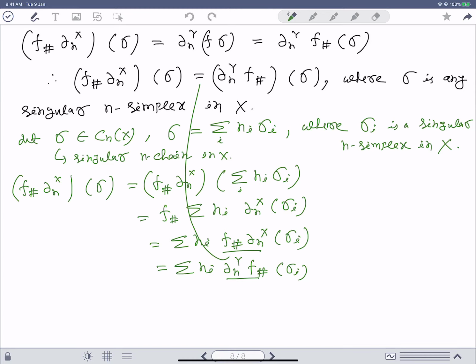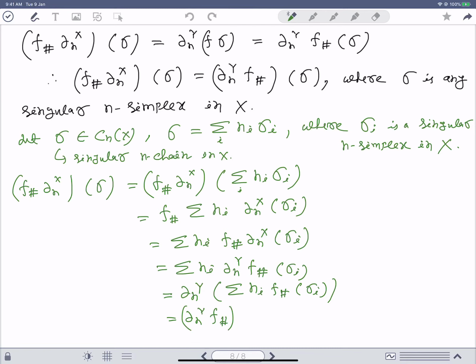Now if we take delta n y out of this summation, since delta n y is a homomorphism, it will be delta n y summation n_i f hat sigma_i, and again it will be del n y f hat, since it is a homomorphism, summation n_i sigma_i, and that is del n y f hat sigma.